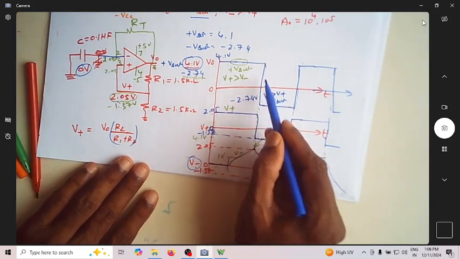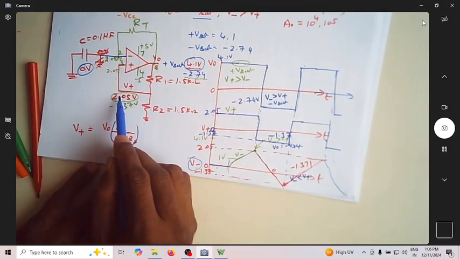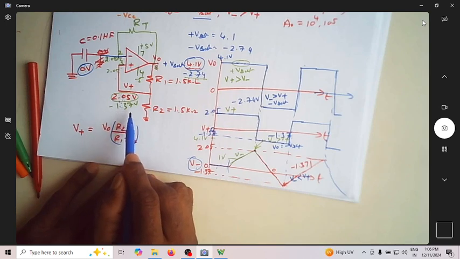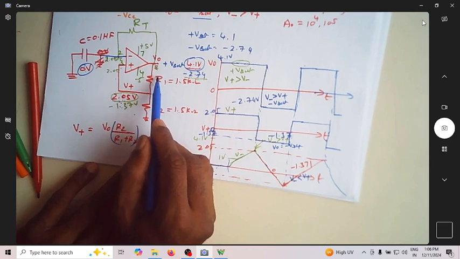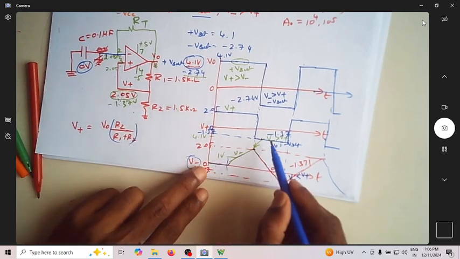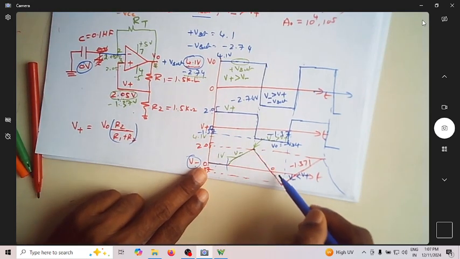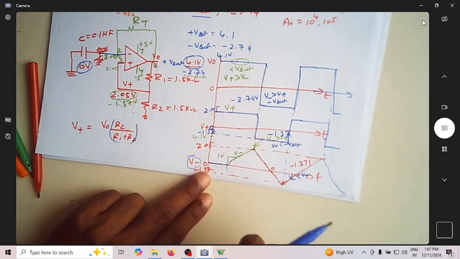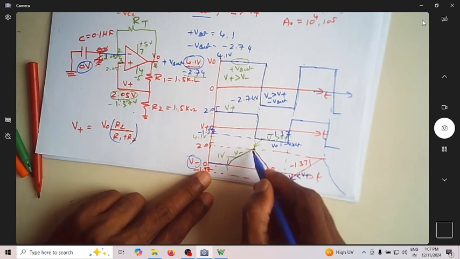So the moment it changes to minus V sat, this voltage will become minus 1.37 volts, because it's again the potential divider action of minus 2.74. So now the capacitor starts discharging. Of course, it is charging towards a negative voltage, which is nothing but discharging.